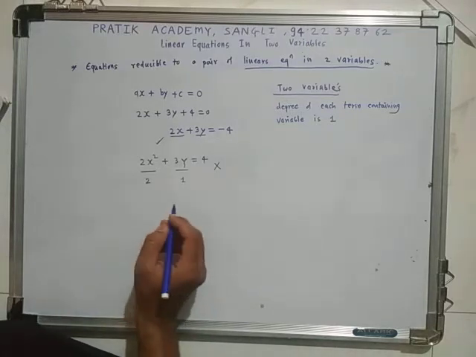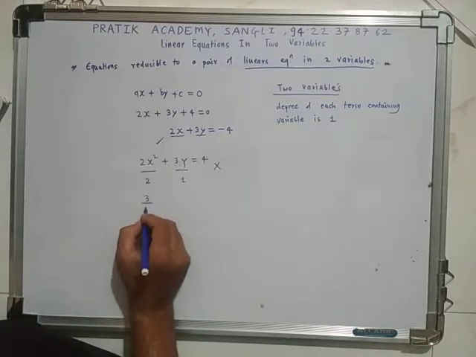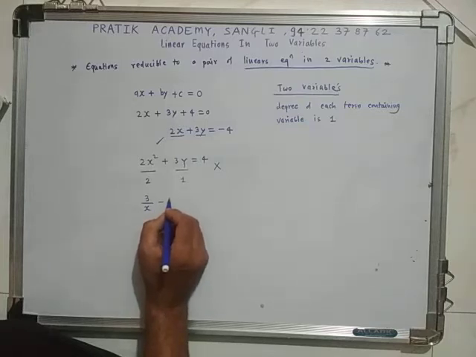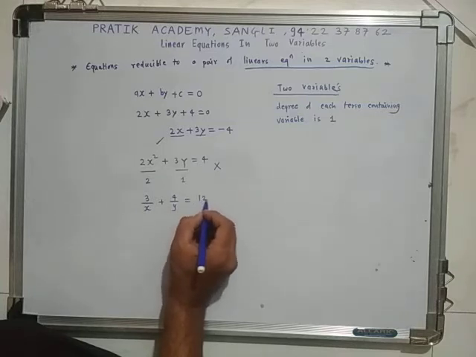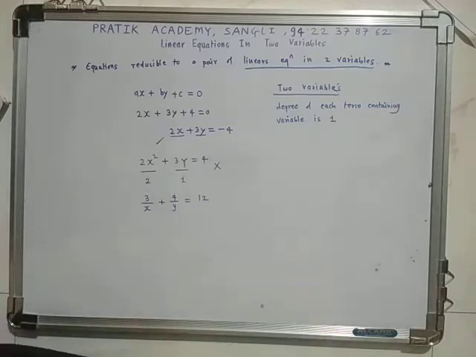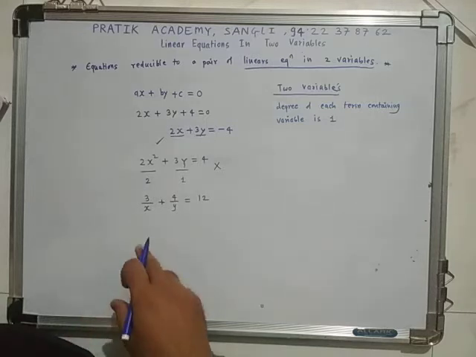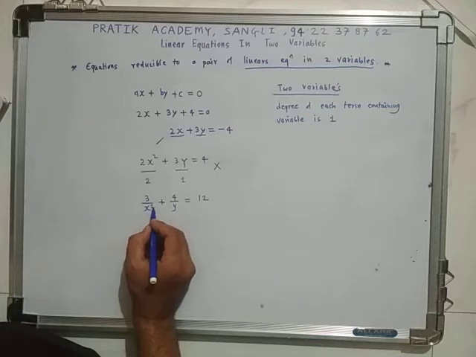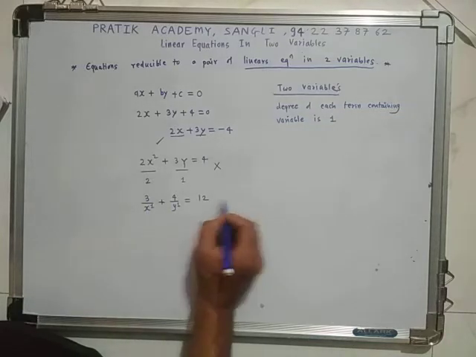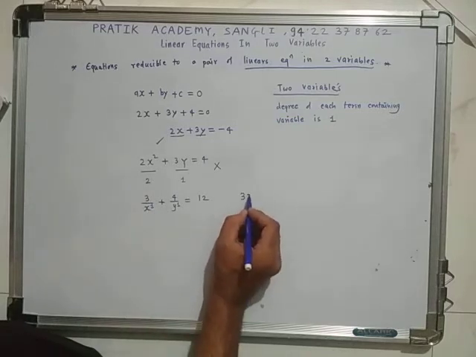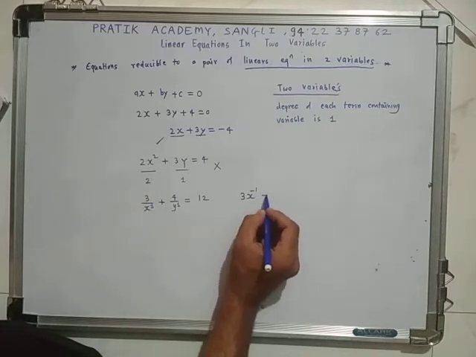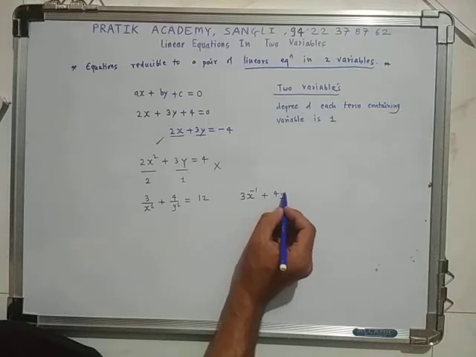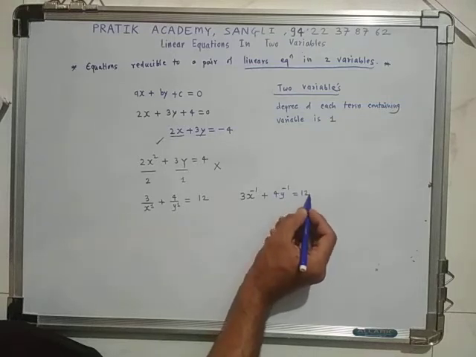Now consider another example, 3 upon x plus 4 upon y is equal to 12. In this example, the degree of x is 1, but it is in the denominator. If you bring these variables into the numerator, that is 3x raised to minus 1 plus 4y raised to minus 1 is equal to 12.